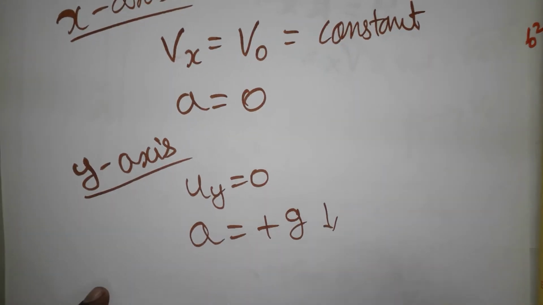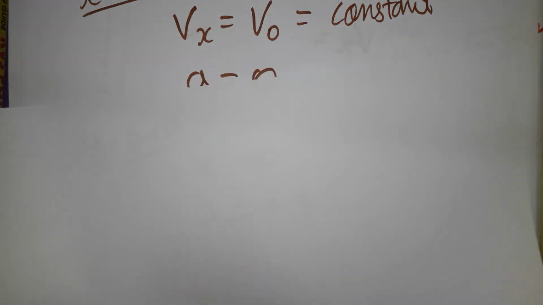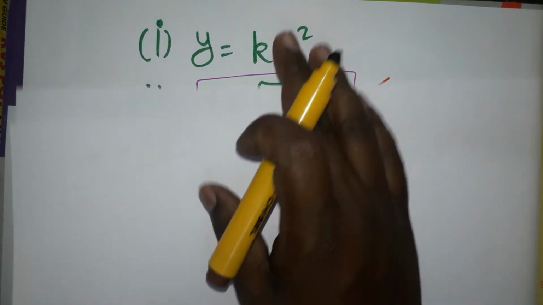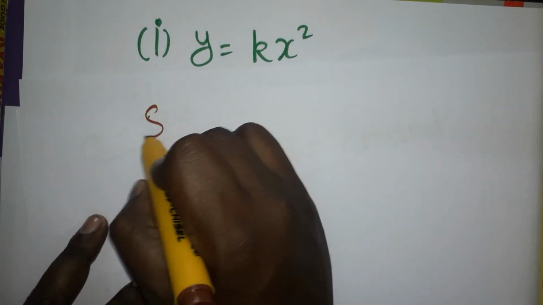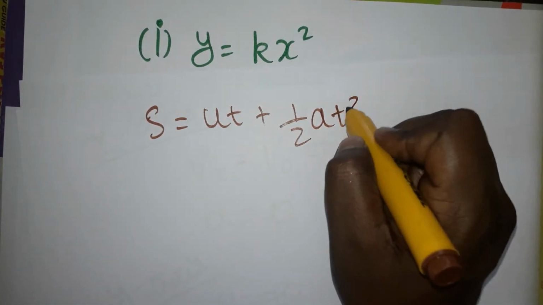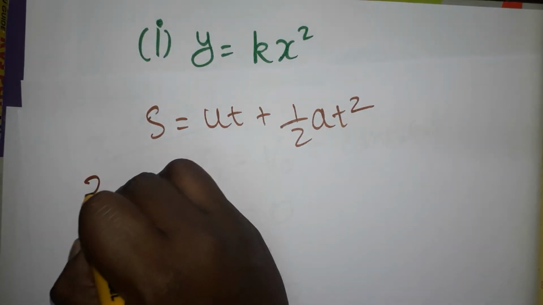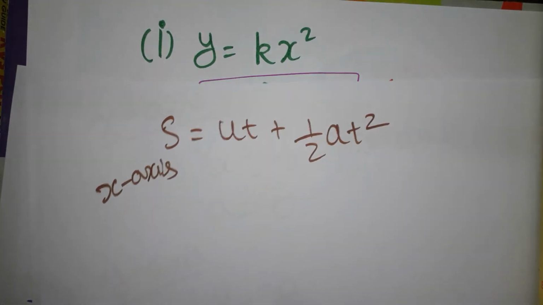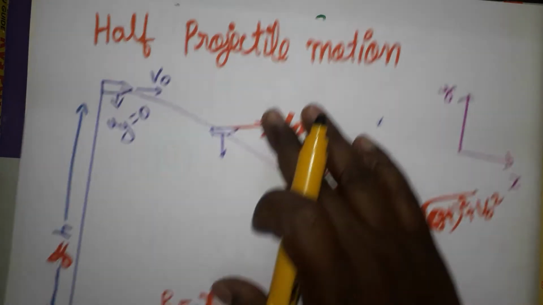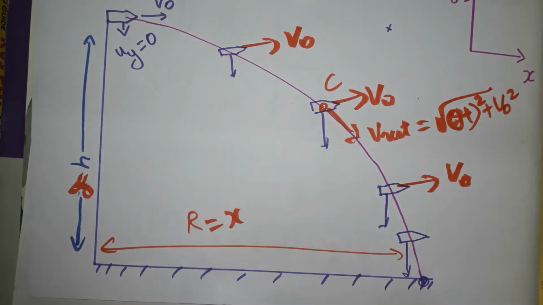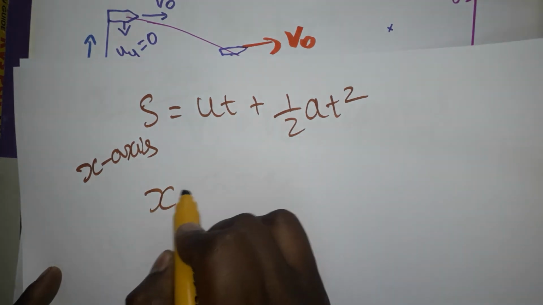So now see here, first we will prove the trajectory equation. The path of the object is a parabola, and that I am going to prove. We use s is equal to ut plus half at square. First I take the x-axis and substitute for it. The displacement along the x-axis will be x.